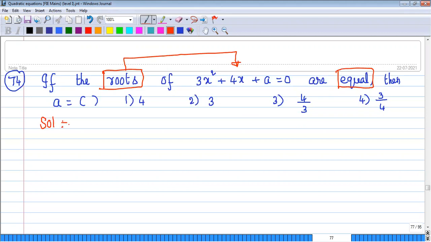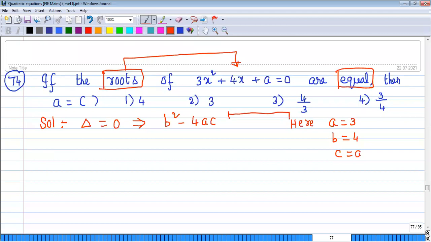So that means delta is equal to 0. Delta means b square minus 4ac. So here a equals to 3, b equals to 4, c equals to a. Let us substitute here.